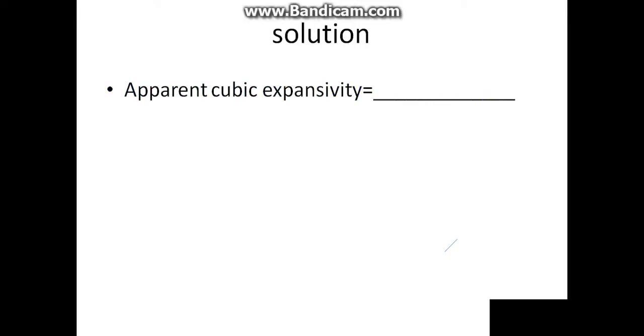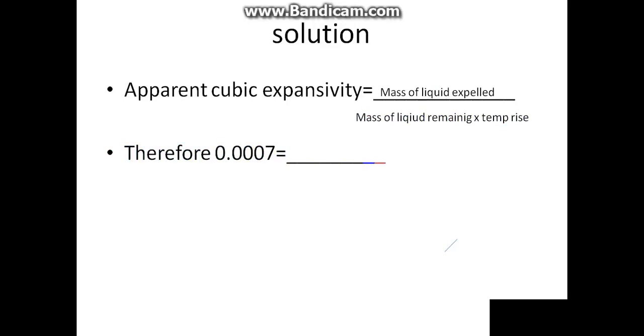Solution. Apparent cubic expansivity equals to mass of liquid expelled over mass of liquid remaining times temperature rise. Therefore, 0.0007 is equals to x over 100 minus x in bracket 100 minus 30. x is equals to 0.0007 in bracket 7000 minus 70x.